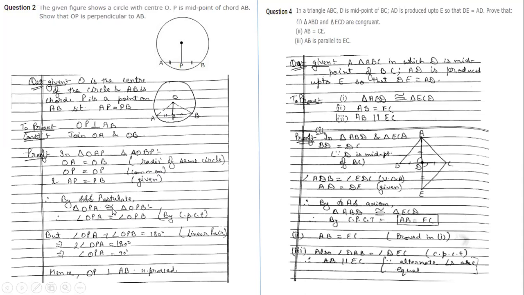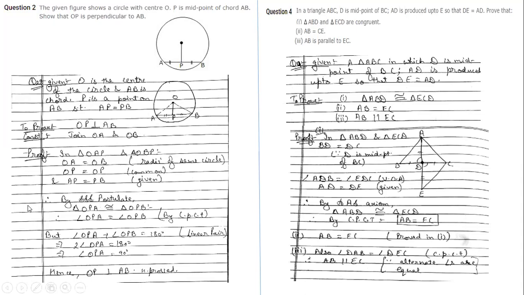If these two triangles are congruent, that means all the angles are also equal. Here we have to take only the required one. See, angle OPA is equal to angle OPB by CPCTC: corresponding parts of congruent triangles are also congruent.